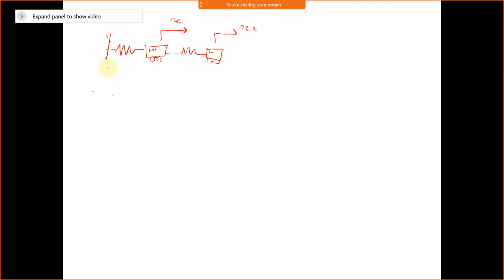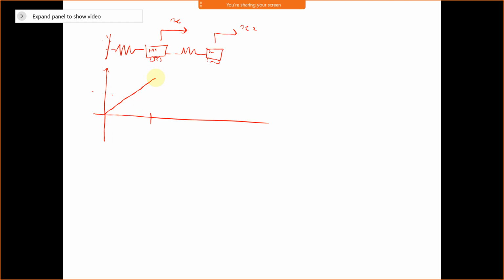So macam mana kita nak draw mode shape? Pergerakan dia, let's say kita assume mode of displacement bergerak secara linear, dan pada satu tahap mode ratio dia adalah positif.